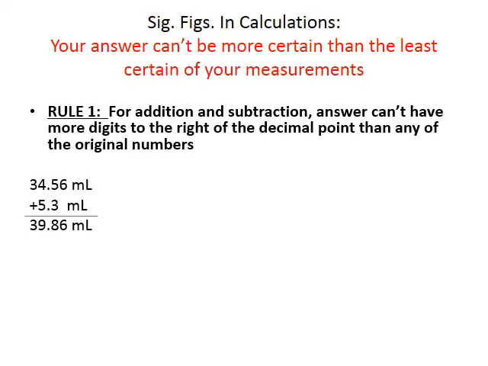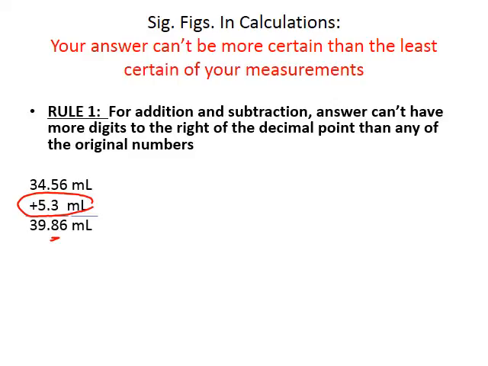But notice that the second measurement is actually only reported to the tenths place. Our answer has to be reported with the same uncertainty as the number that shows the least certainty, or in this case, the fewest decimal places. This means we also have to round our final answer to 1 place past that decimal.